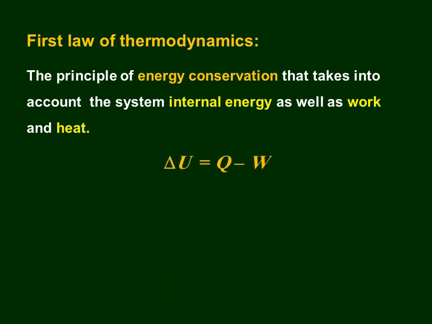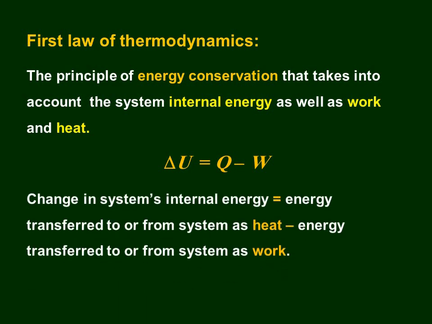And the mathematical formula for the first law of thermodynamics: delta U equals Q minus W. Delta U represents the change in the internal energy. Q, the heat gained or lost by the system. And W, the work done by the system or on the system.